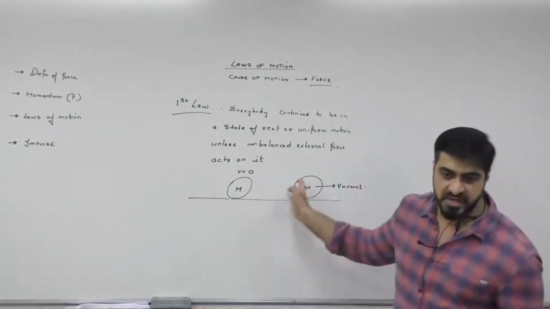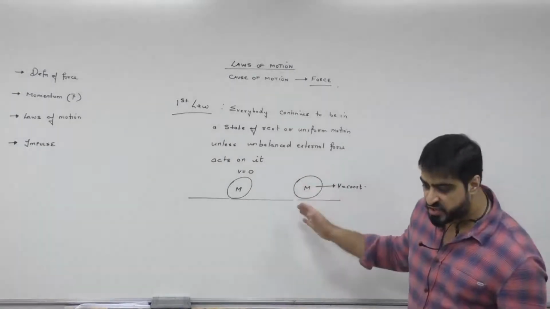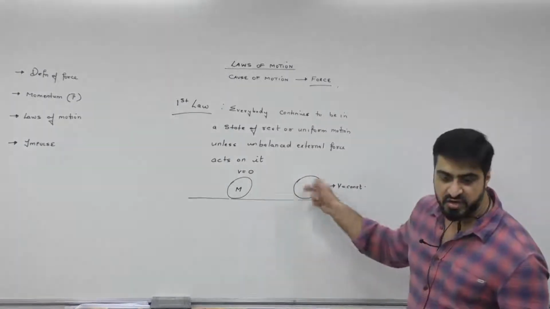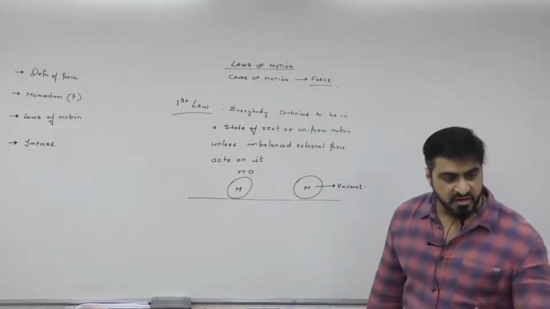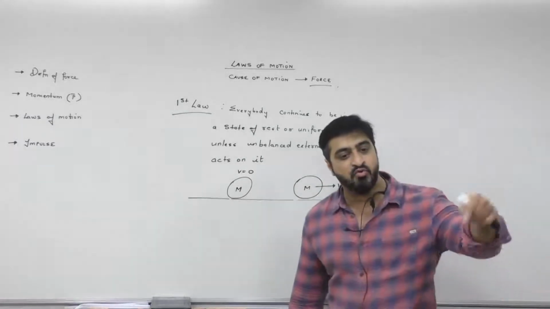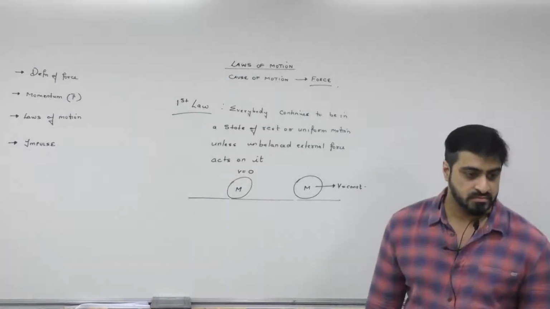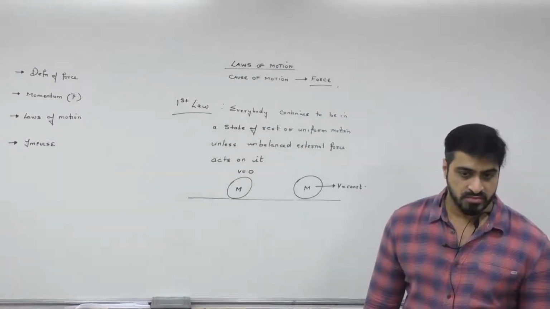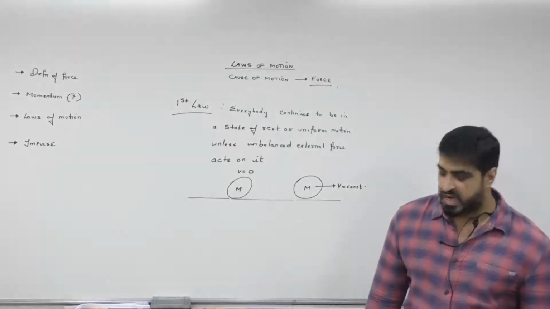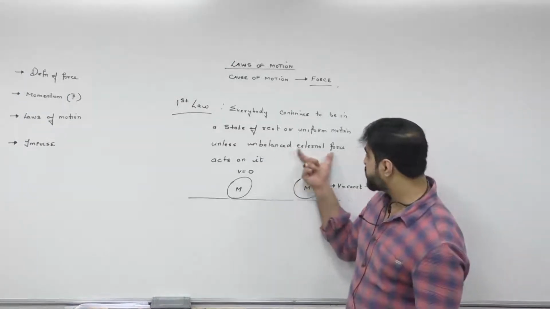Suppose I throw this in space where there is no gravity, no friction, nothing, it will keep on moving. If I give it a velocity and leave it till infinity, it will keep on moving because it is obeying first law of motion. Okay? Unless an unbalanced external force acts on it.